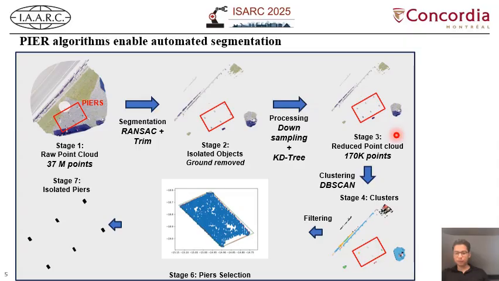Also, we remove border points using a KD-tree data structure. So a KD-tree is a space partitioning data structure that allows us to efficiently go through a point cloud, and so we use this to efficiently go through the point cloud, identifying the points at the border and remove them.